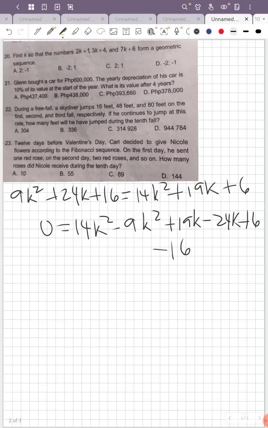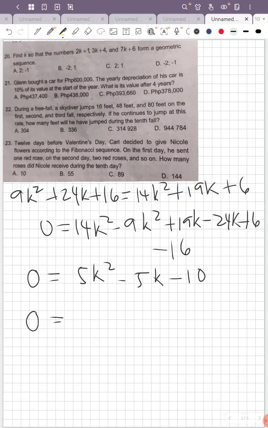So 0 is equal to 5k squared, because 14k squared minus 9k squared is 5k squared. 19k minus 24k is negative 5k. 6 minus 16 is negative 10.